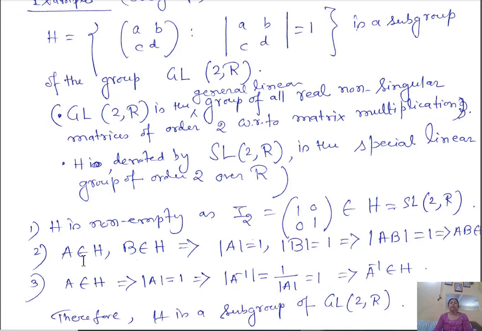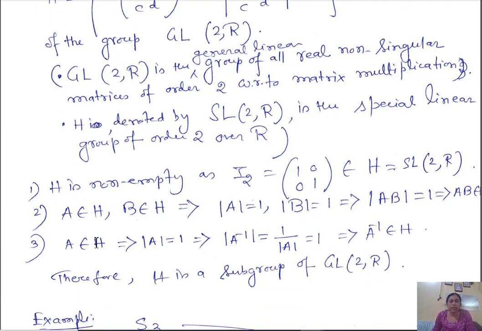Now if A belongs to H and B belongs to H, determinant A is 1 and determinant B is 1, and determinant AB will also be 1. That means AB belongs to H, so the closure property holds. If A belongs to H, determinant A is 1, so determinant of A inverse is 1 by determinant A, that means 1. So A inverse also belongs to H. This way you can argue: the identity element is this one, the closure property holds, and the inverse of A is the matrix A inverse.